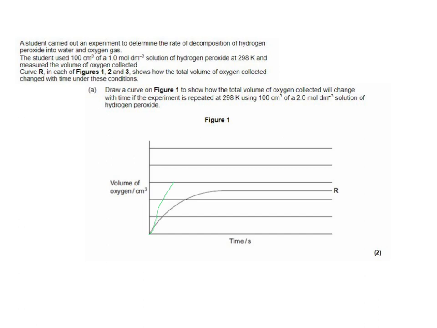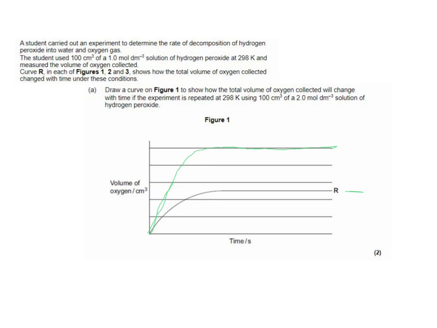You've got twice as many. So to start with, this one plateaued off at about 1.5 centimeters cubed, perhaps, if this is going up in 1. So if we're doing twice as much, we should find that it plateaus off at the top at the 3. Okay, so that is our second curve.